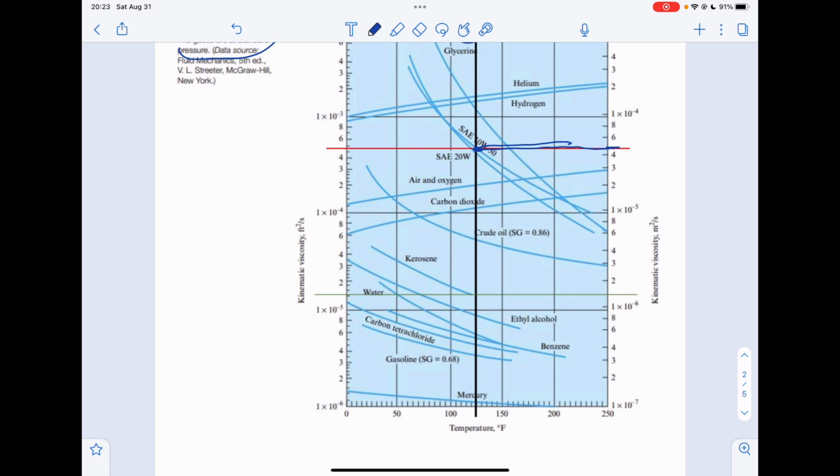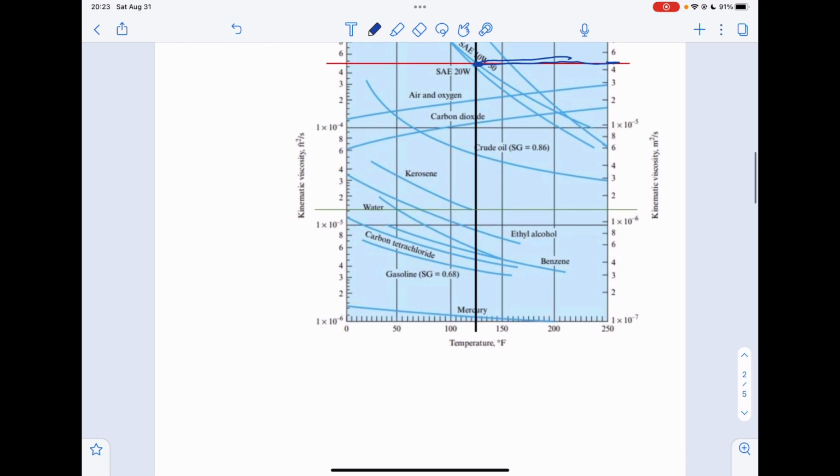Here it is about 4.5 times 10 to the negative 5, and then go down and find the kerosene.